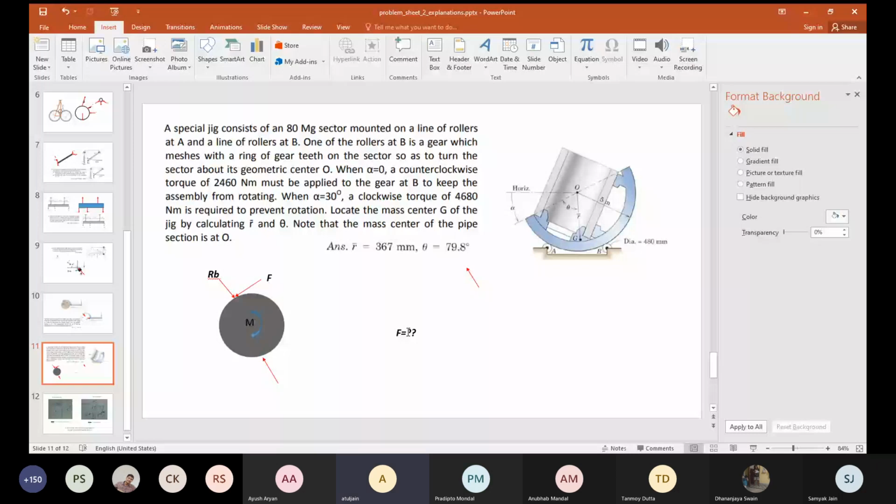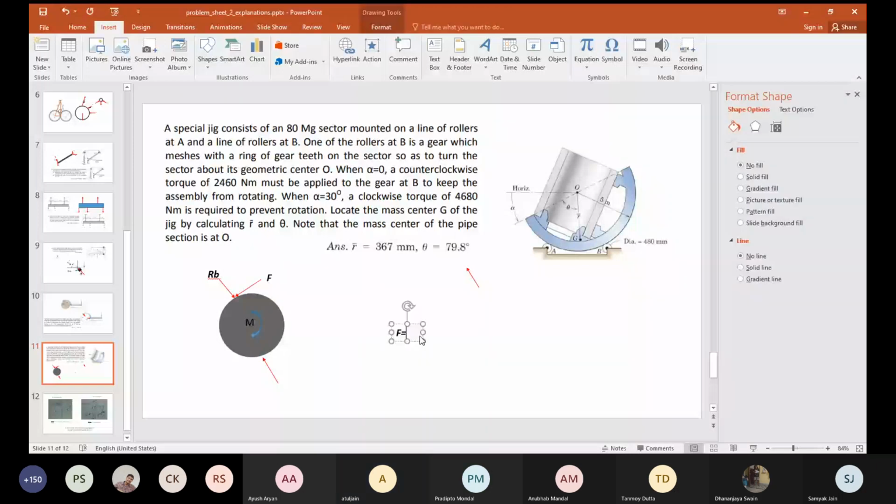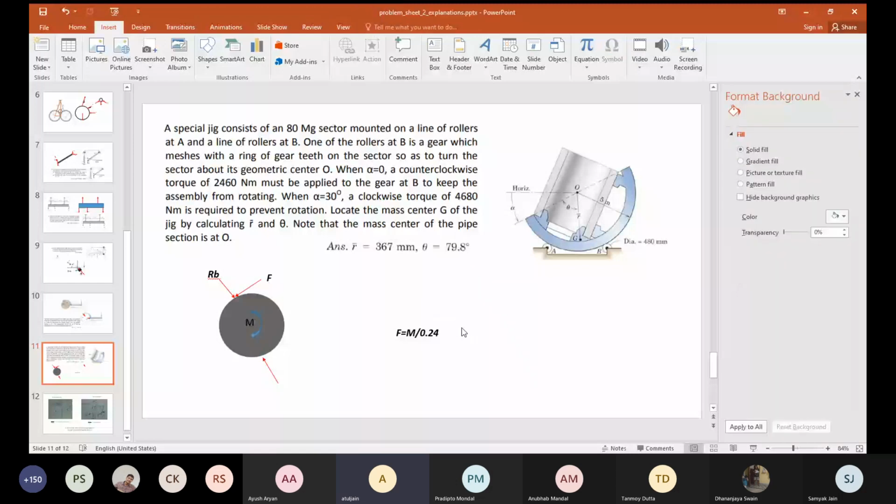F is M divided by 0.24. If M is counterclockwise, the F direction that I have taken is right. If M is clockwise, then the F value will come out to be negative. When drawing the free body diagram, we are not considering this. I will always take F to be like this, but I will take the sign correctly.